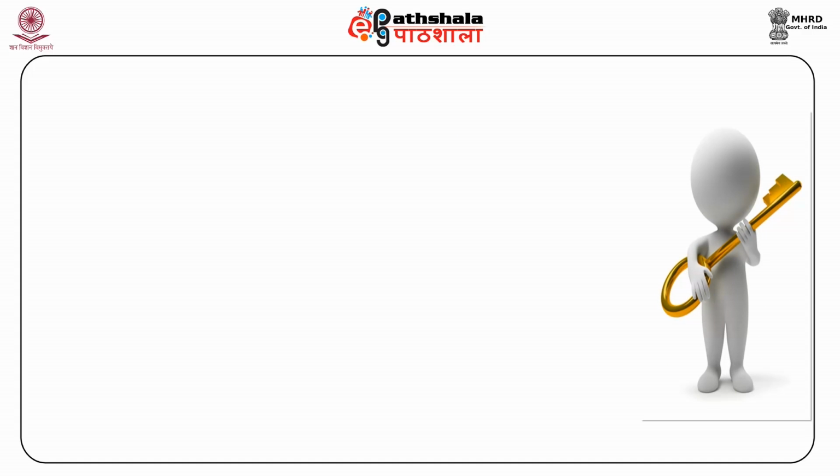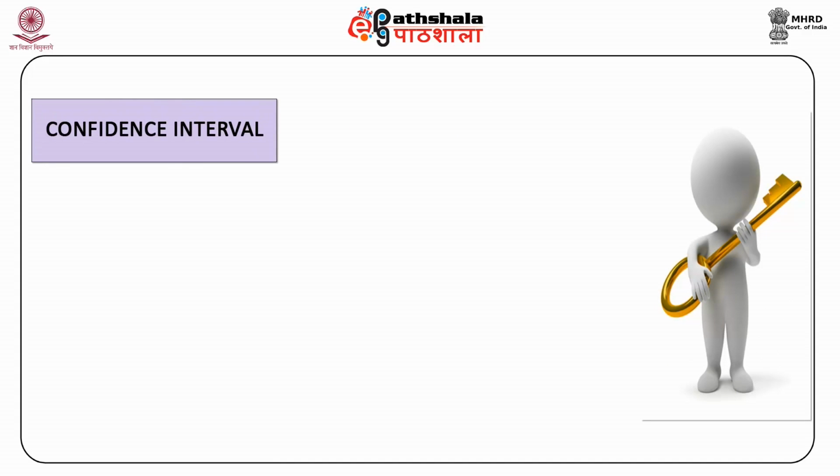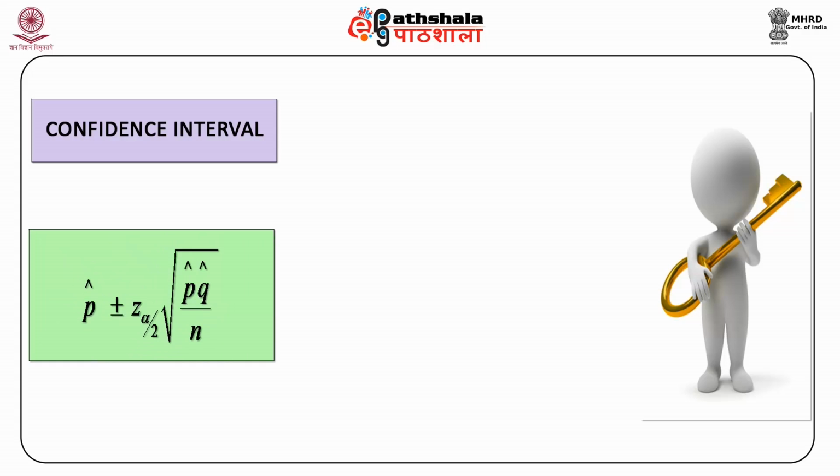However, the traditional formula for confidence interval p hat plus minus z alpha by 2 square root of p hat q hat upon n may result in a probability that is different from the specified probability 1 minus alpha for the selected z alpha by 2 even for a reasonably large n, particularly when the probabilities of success and failure are quite different. That is, they are not close to 0.5.